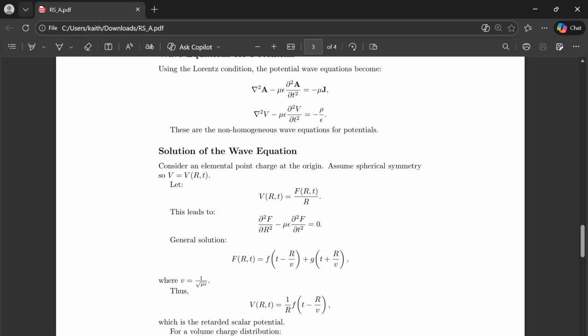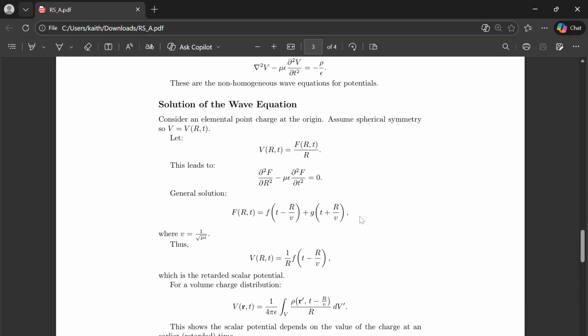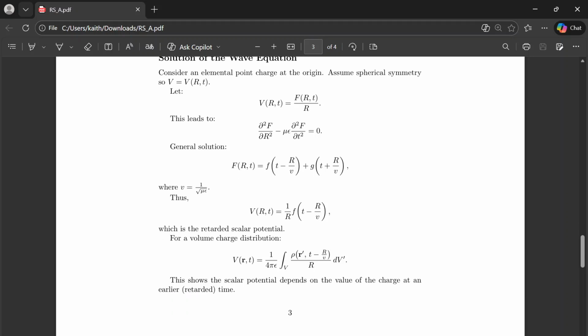We know the general solution for this is of this form, and of these two solutions we take only the time retarded part because that makes intuitive sense: electric fields can be time retarded, they cannot be advanced in time, so we neglect the other solution. Thus the final solution for this elemental scalar potential is given by this formula, where v is 1 by root mu epsilon. To get the whole retarded scalar potential, we just integrate over the whole volume of the sphere.